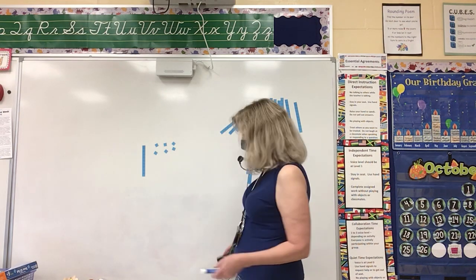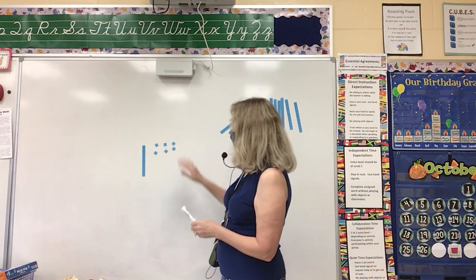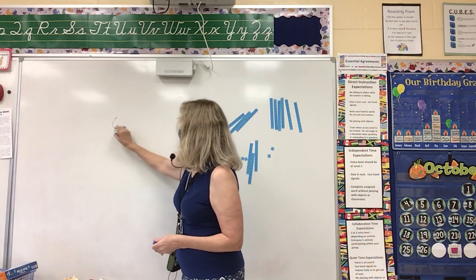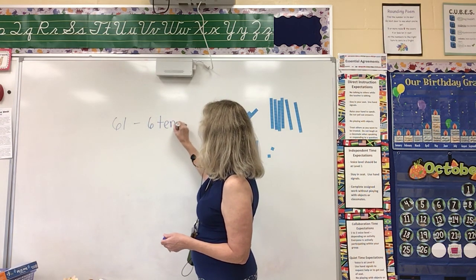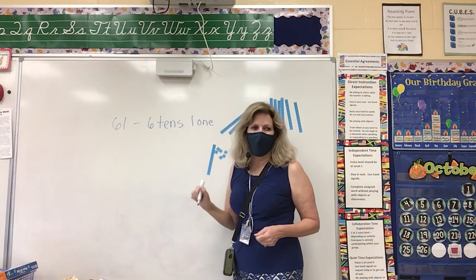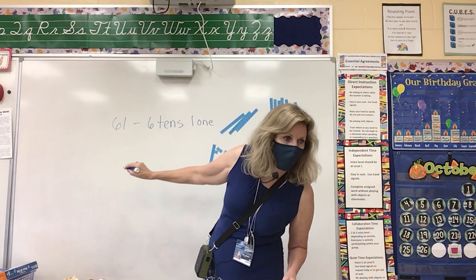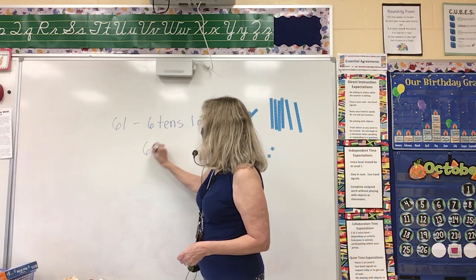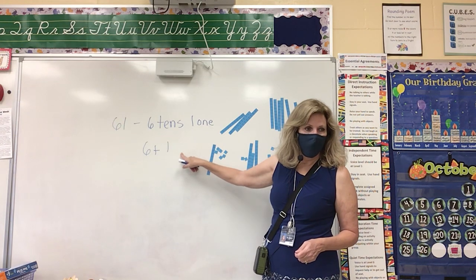So our number is 61. How many tens are there and how many ones are there? 6 tens and 1 one. So 6 tens, 1 one, and what is our expanded form, Dylan? 6 plus 1. Okay, so 6 plus 1, and what does that equal? 61.